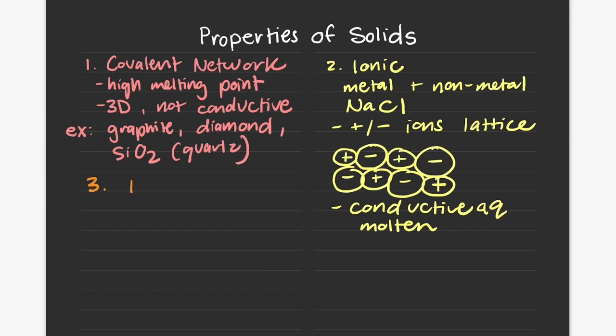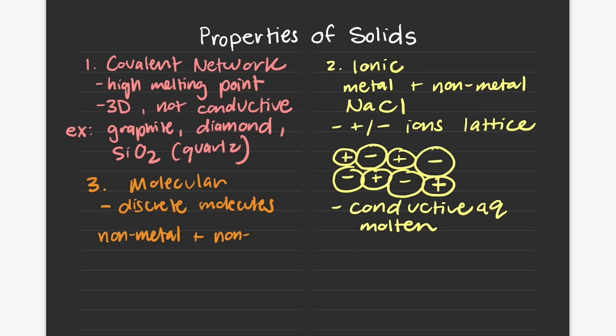Okay. Number 3, molecular. So these are discrete molecules comprised of 2 nonmetals. So nonmetal plus nonmetal.